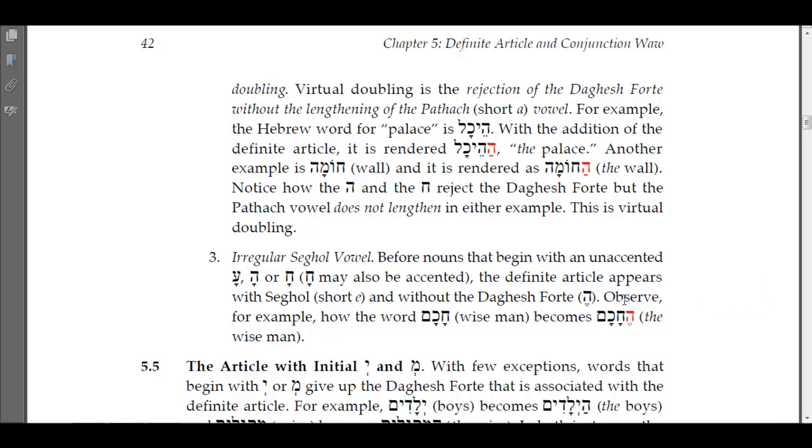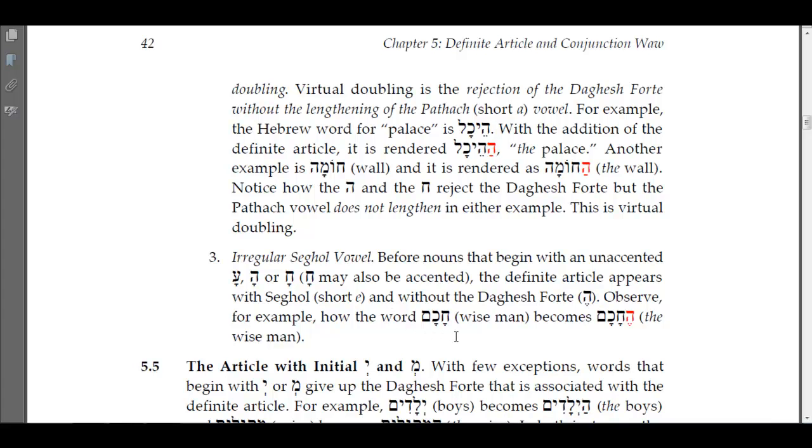Now, we have what they call irregular segol vowels, before the nouns that begin with an unaccented ayin with a qamets, hey with a qamets, or chet with a qamets. When it's in an unaccented syllable, the definite article appears with a segol and without the dagesh forte.